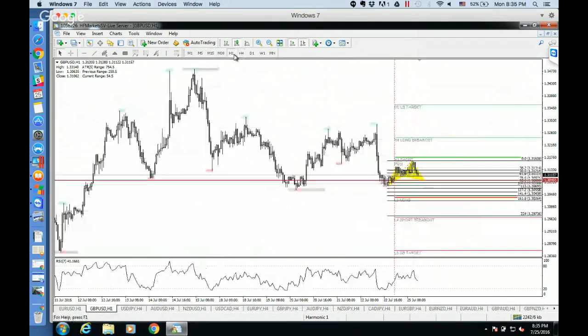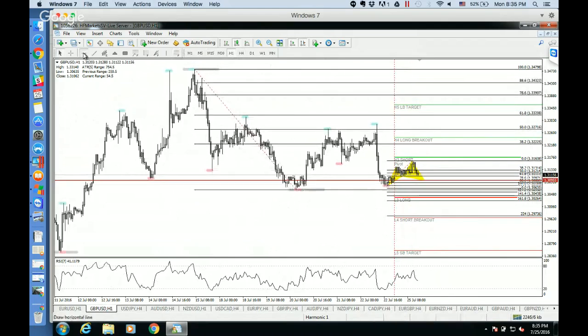And if I couple this with just now I identified a bat pattern on the higher time frame, completing at the 88.6. Again, if you want to trade the C leg, you need to go to a lower time frame, identify a potential and valid technical setup, and you can trade from the C leg to the D leg.